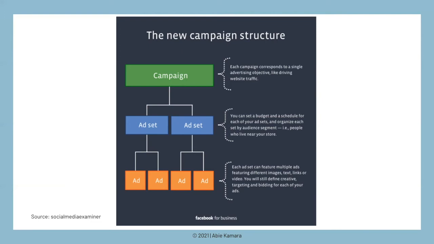I'll go over the different objectives in the next slide. After you choose your objective, that's when you set up your ad set. You can have one ad set or multiple ad sets inside of a single campaign, but each campaign can only have one objective.